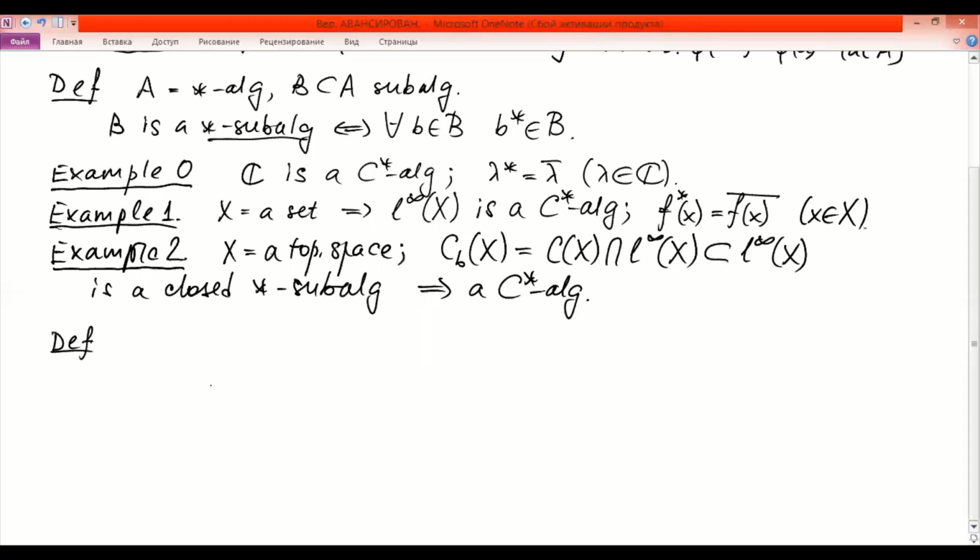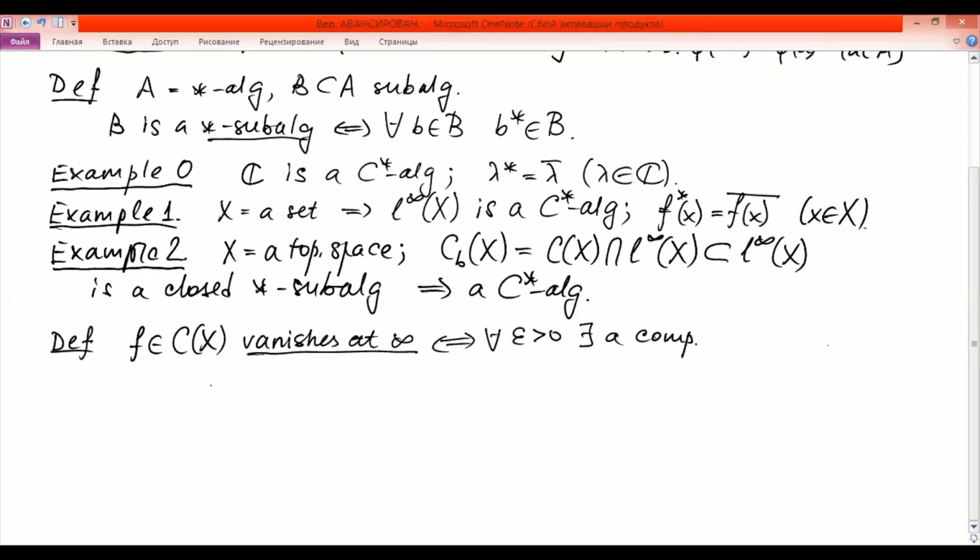If X is a topological space, then we say that a continuous function f on X vanishes at infinity if for each positive epsilon there exists a compact subset K of X such that the absolute value of f is smaller than epsilon outside K.